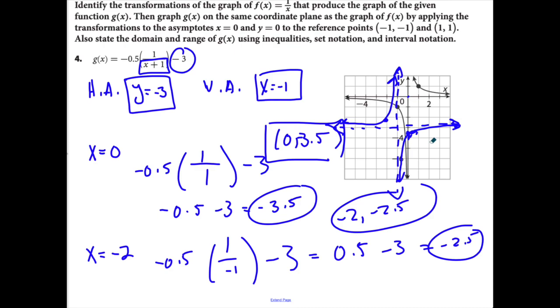So basically, there are 3 transformations going on right now. Or at least 3. What we have is actually 4. First, we have a reflection over the line y equals 0.